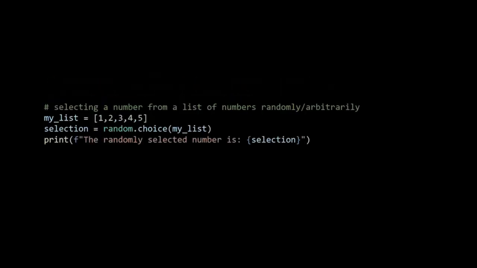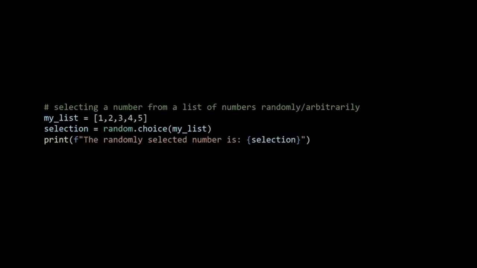In the next step, we are selecting a number from a list of numbers randomly or arbitrarily. In this procedure, we have generated a list and named it my_list. The list contains the following numbers: 1, 2, 3, 4, 5. In the next line, we have generated a new variable named selection.